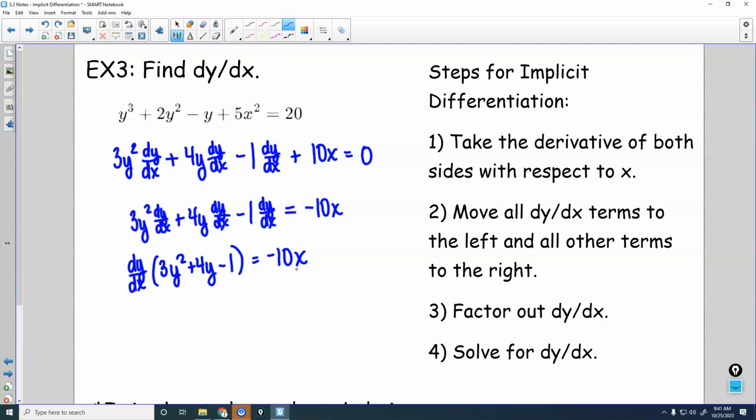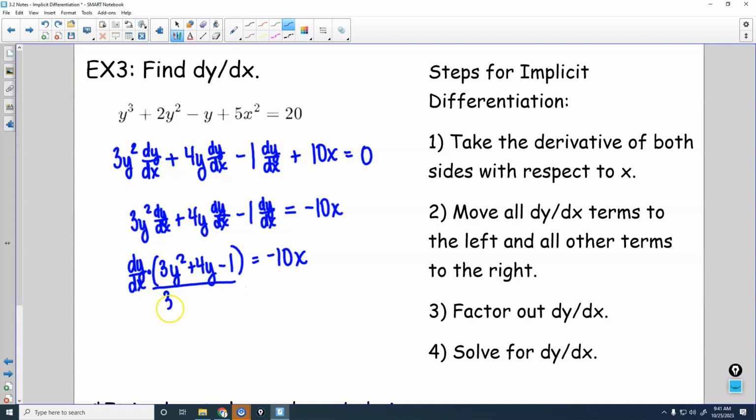Okay, then the last thing I need to do is solve for that dy/dx. How could I do that here? Dy/dx is multiplied by all the stuff in that parentheses. So if I've got multiplication, I want to get rid of it, I divide both sides, right?